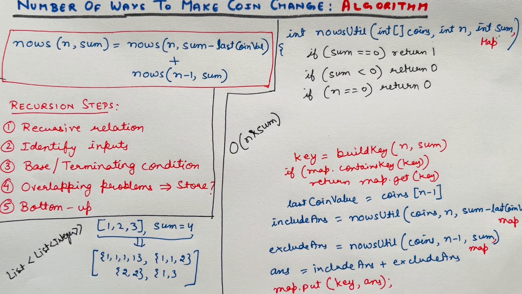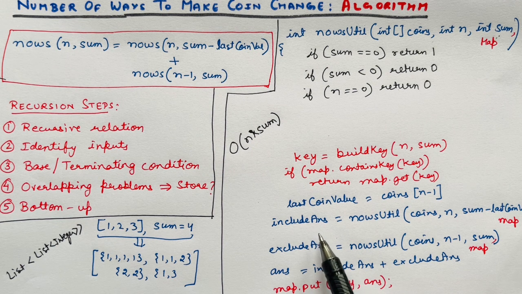Now, will we be able to use these answers to form the answer for our original problem? Yes. For the exclude answer, that means we are not including the last coin at all. Whatever are the lists of integers, they correspond to this sum. So those ways will definitely become part of our final answer.